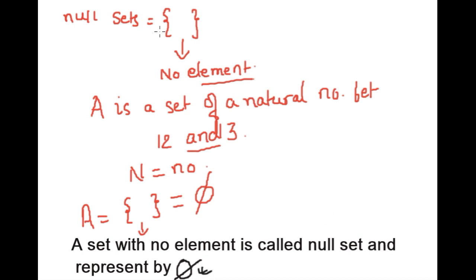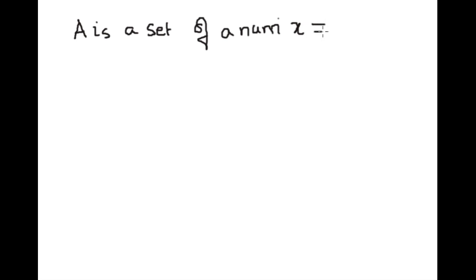Let's take another example. Let's suppose A is a set of a number x, which is not equal to its own number. It's called x.